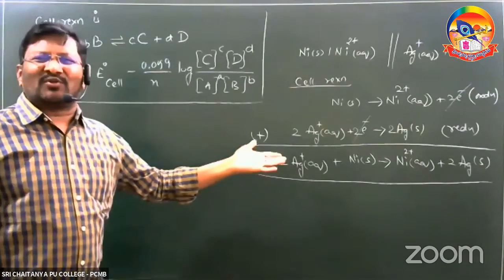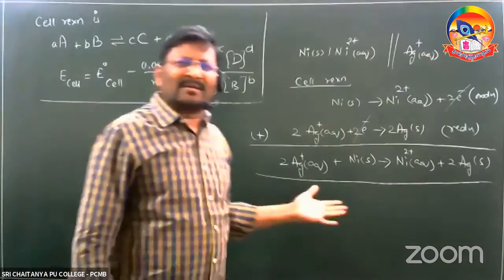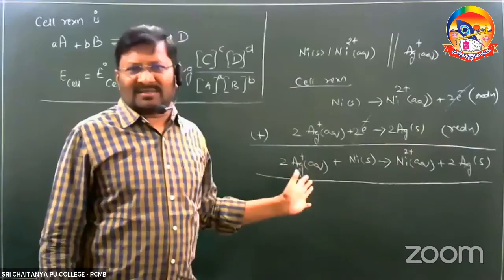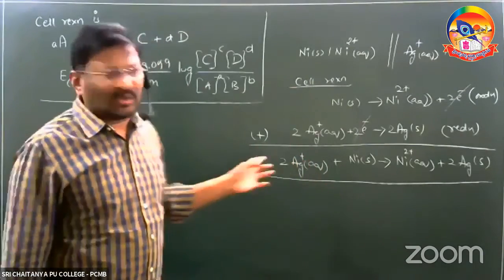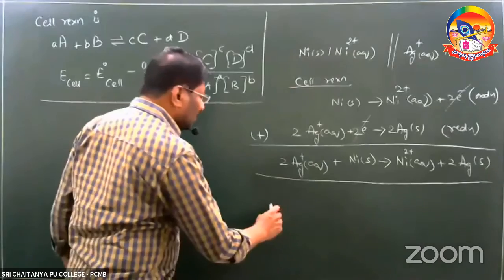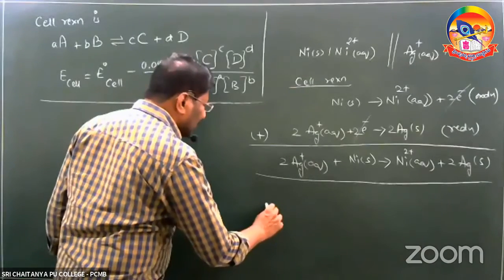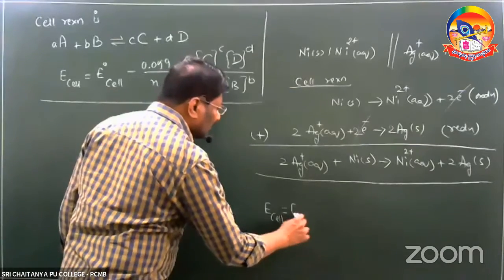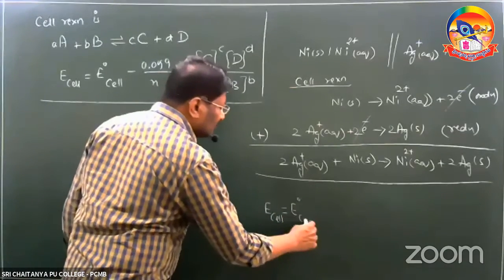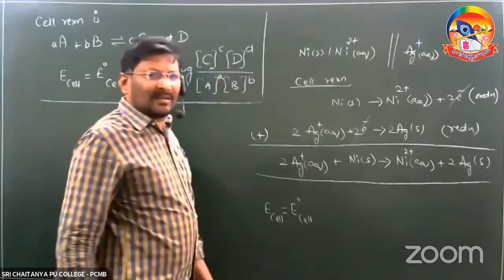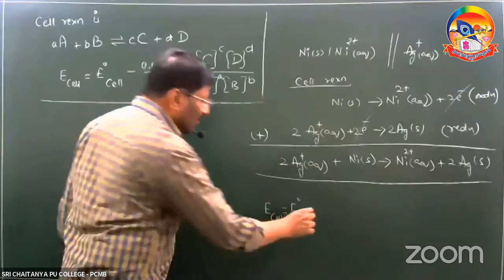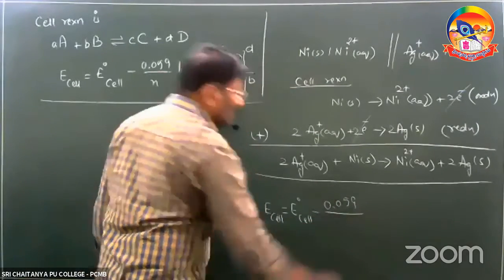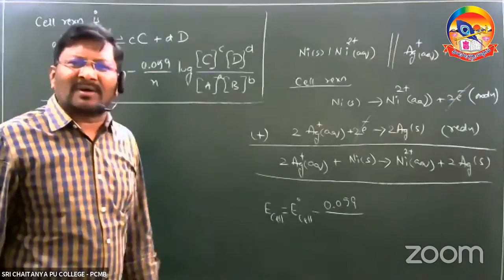Therefore, easily you can write down the Nernst equation for this. E cell is equal to E naught cell minus 0.059 by how many electrons are in transfer? 2 electrons.